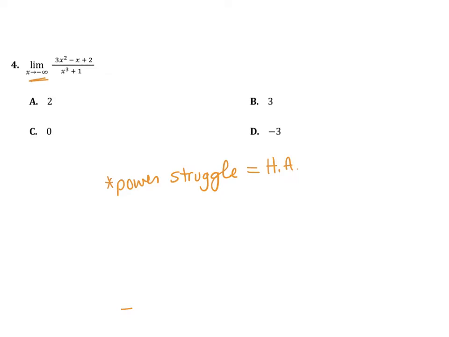So let's take our highest power that we see in the numerator. That's going to be our term that has 3x squared. In the denominator, it's going to be x cubed. And notice that the power is going to be in the denominator. So as x grows without bound, this entire fraction is actually going to approach 0. So my answer here is C.